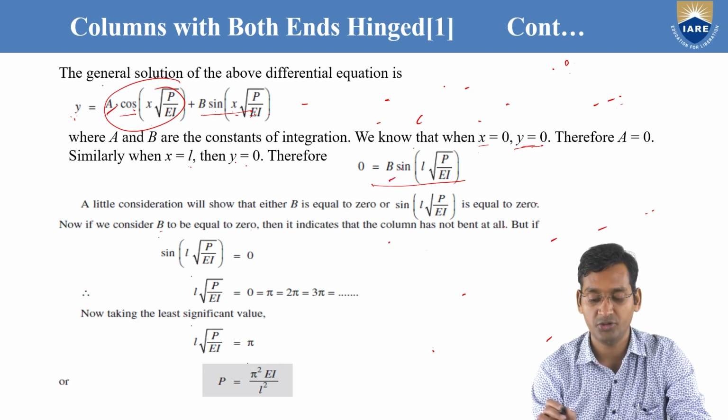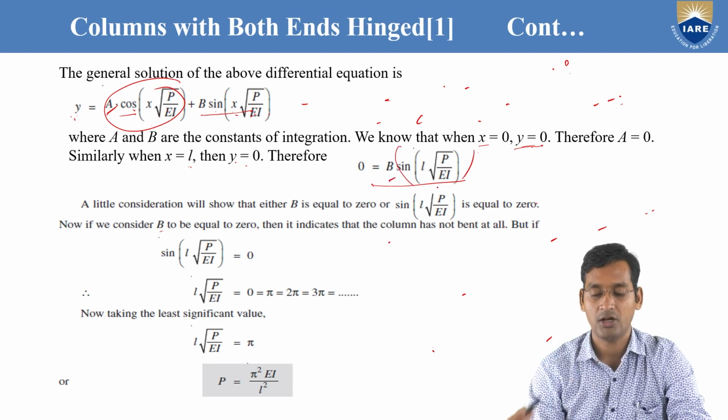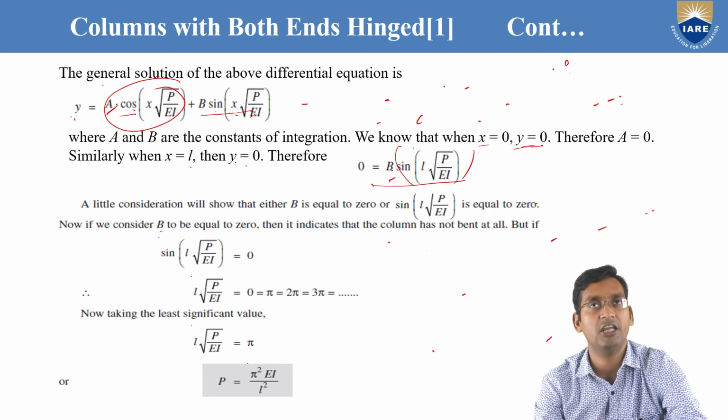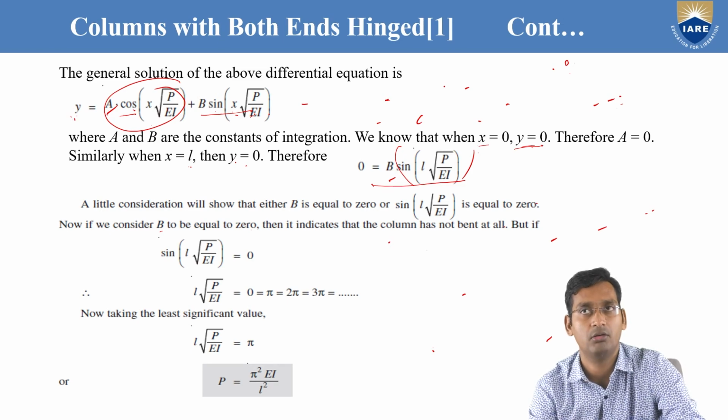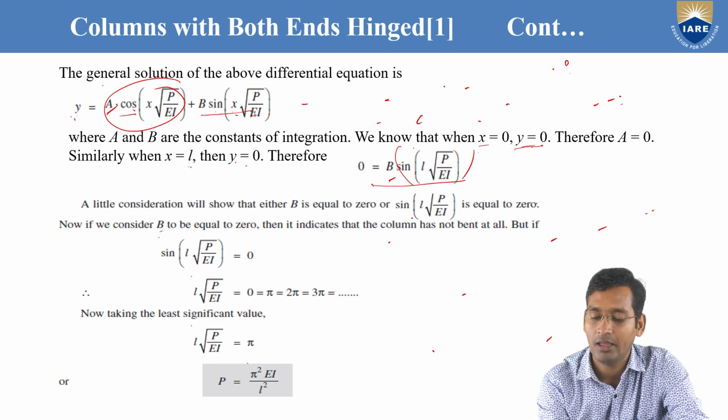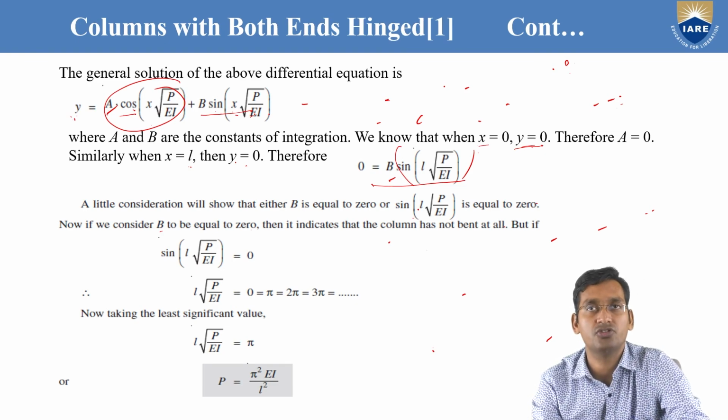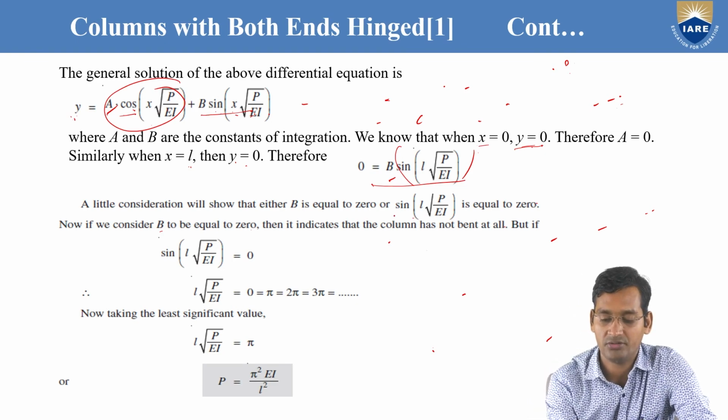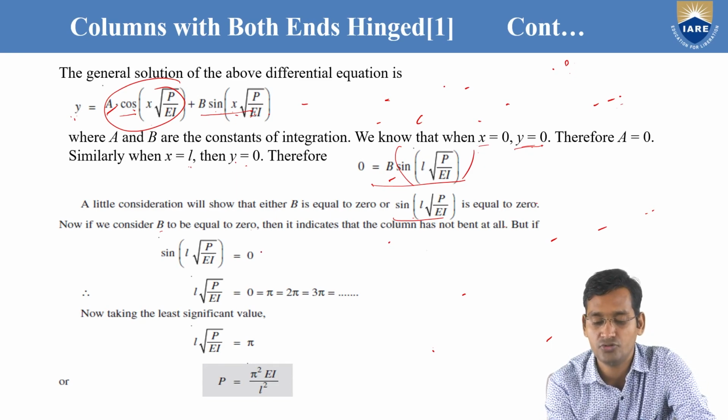Either B should be 0 or sin L root P by EI should be 0. If B is 0, then A is 0 and B is also 0, so the solution will vanish. We will not get the solution. So definitely sin L root P by EI equals 0.